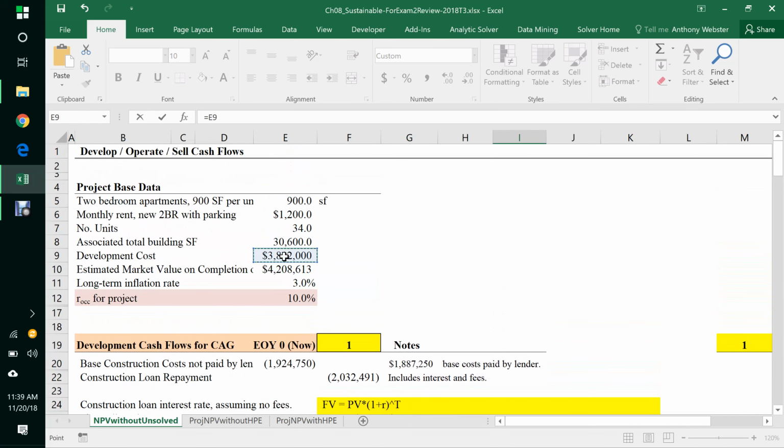You could put it wherever you wanted. So I'm going to say the total development cost minus the, and because of the sign, I'll say plus, okay.